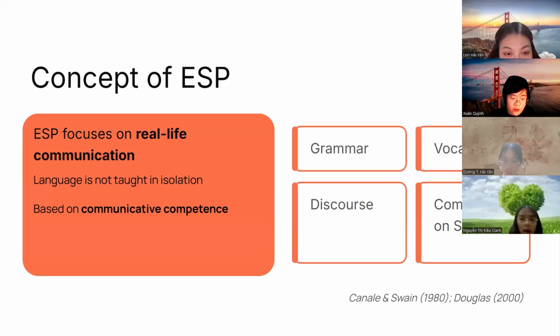Instead, it is viewed as communicative competence, a concept famously proposed by Canale and Swain. This includes not only grammar, but also sociolinguistic and strategic competence. Our goal is to help learners communicate effectively in real-life professional situations.